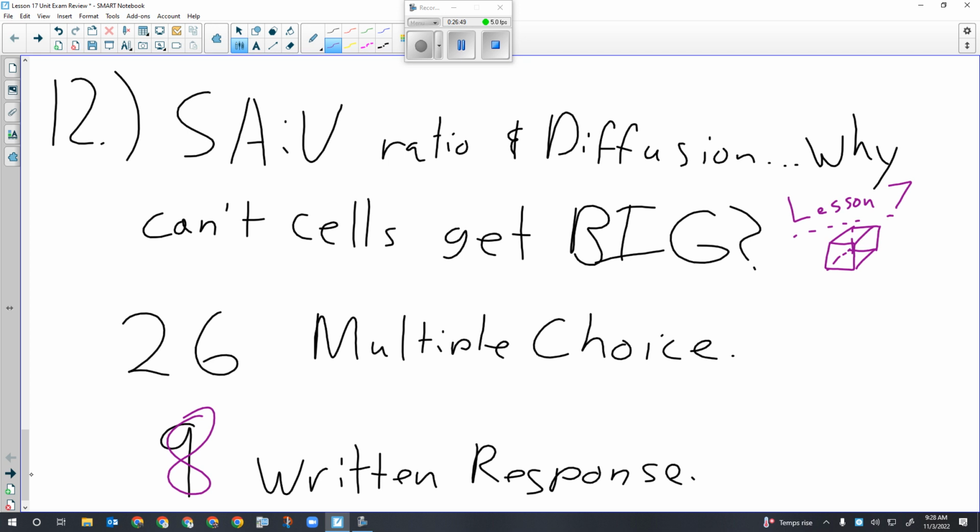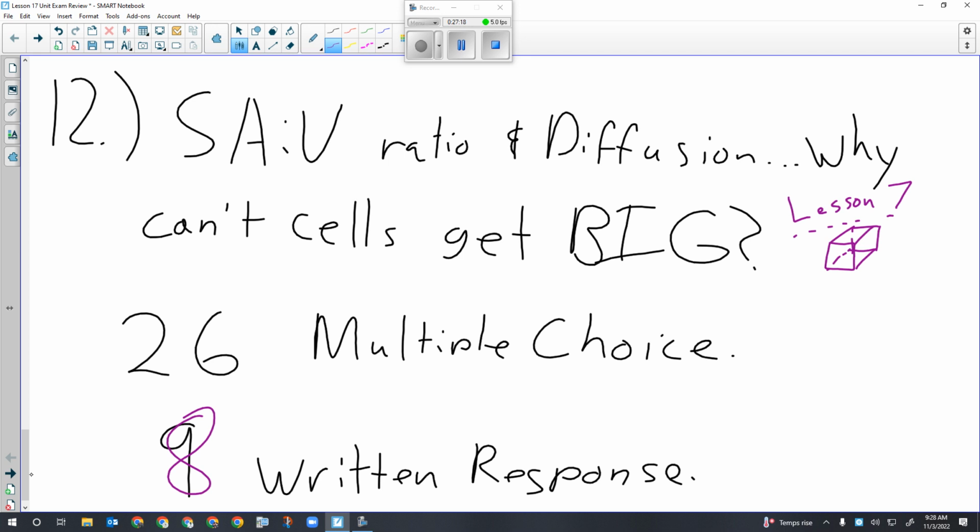And then for your written response, how a plant as a multicellular organism can regulate water loss. The tropism question I told you about.